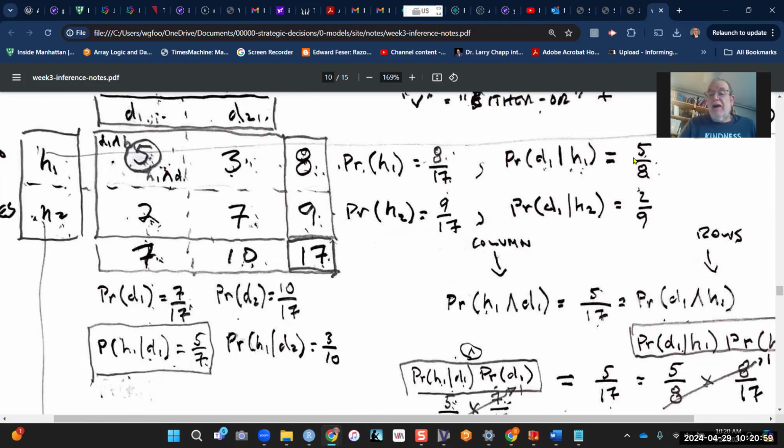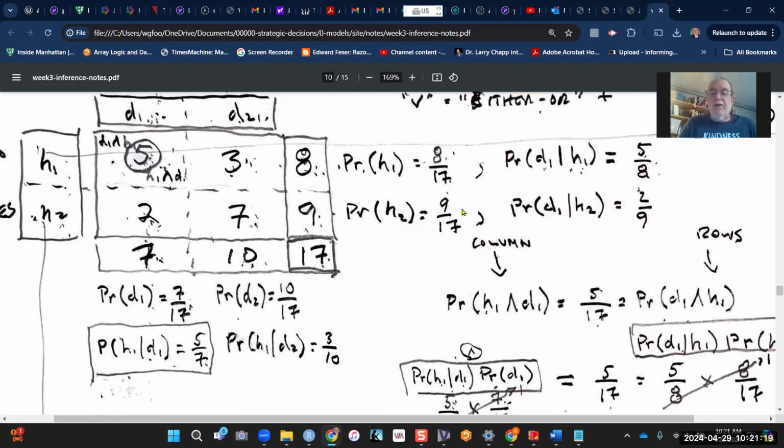So if we were to take 5/8 and 8/17, 5/8 of the time we see this data with this 8/17. That's an interesting idea in and of itself, the both-and of those two.